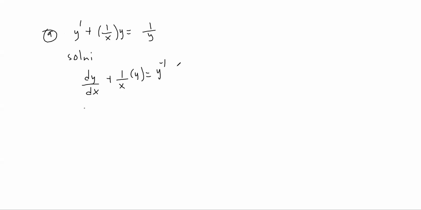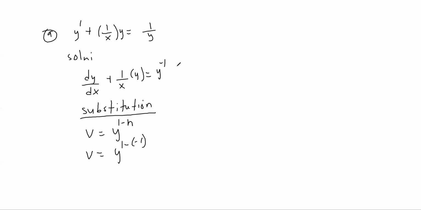So make this substitution. v is equal to y raised to the 1 minus n. And n is negative 1, so v will be equal to y raised to the 2.